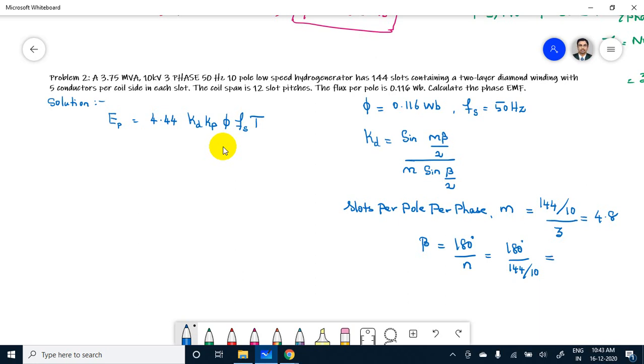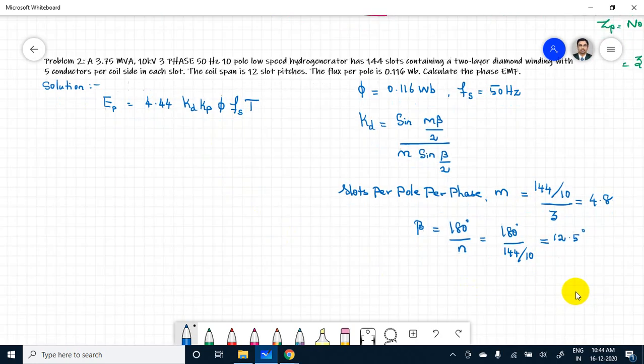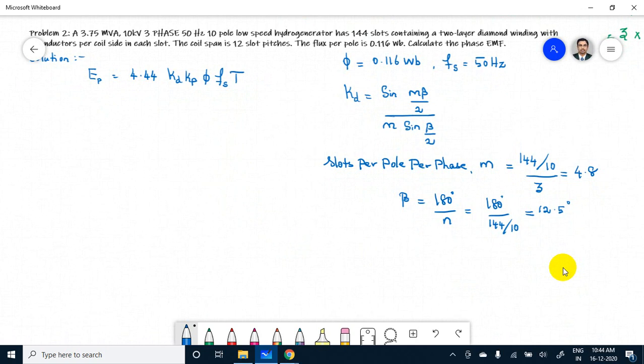N is nothing but number of slots per pole. What is the final answer? Beta equal to 12.5 degree. Okay. Now substitute these two parameters in your Kd equation.